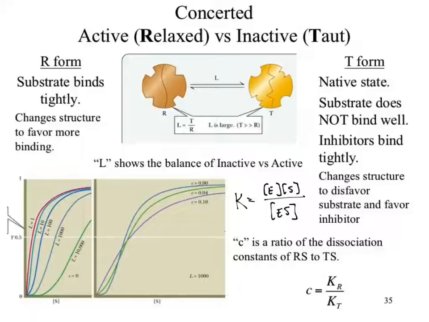It's roughly equivalent to enzyme and substrate over the enzyme-substrate complex. The larger K becomes, the more free stuff you have, the less bound stuff you have. So the bigger K means less binding. And that's true for all three. It's true for all three. Okay?